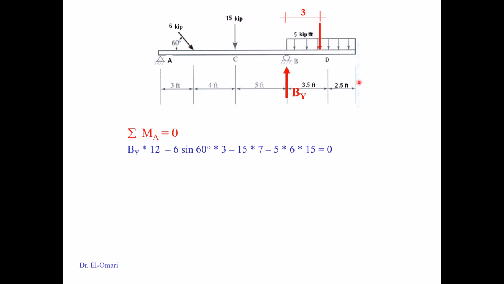The resultant acts exactly at the centroid of the rectangle, which is halfway at 3. Now we're taking a moment about this point, so you have to add to that 5, 4, and 3, and this will give you the reaction at point B_y equal to 4755 pounds.